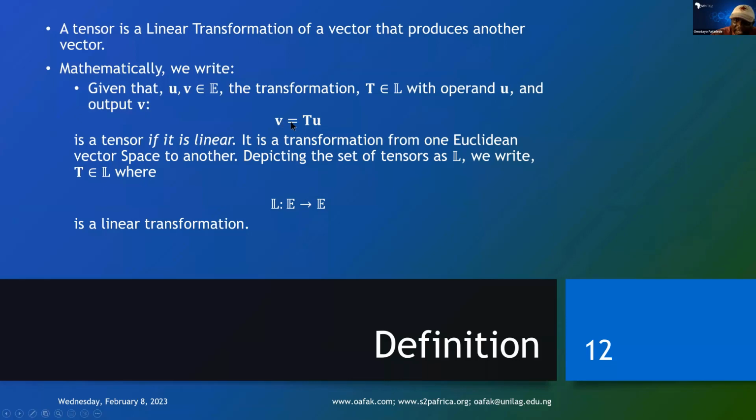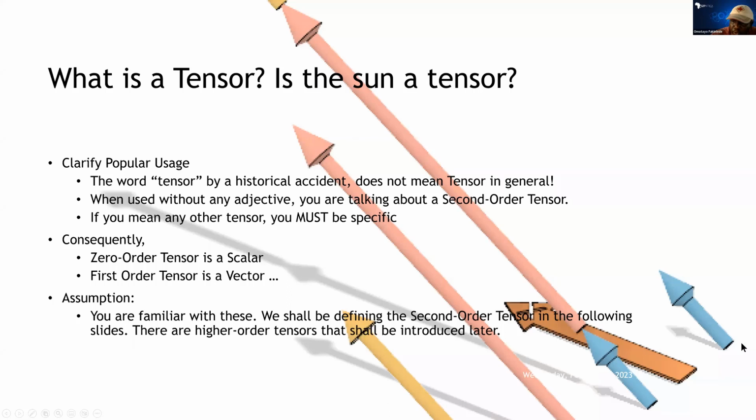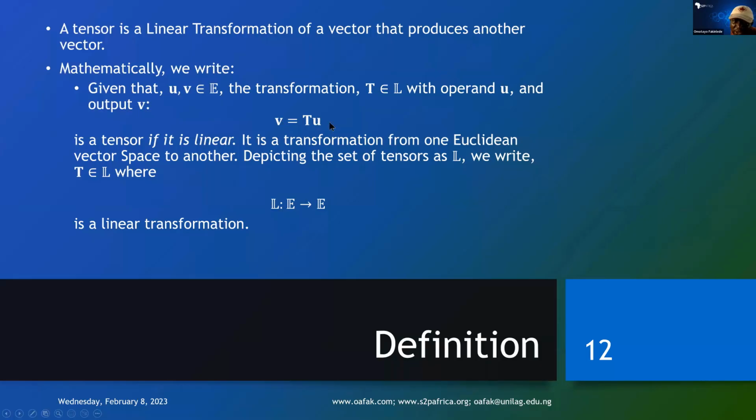So if we look at this now, this blue vector is u. The T is the sun shining on it and creating this shadow, and this shadow here is v. So do not read the meaning of multiplication into this.